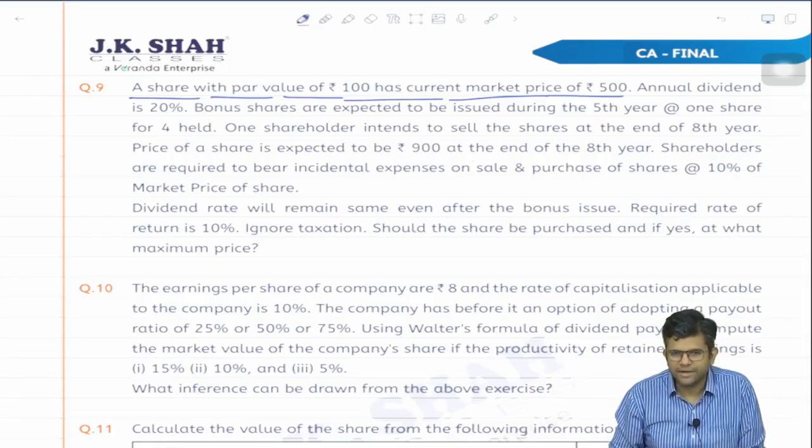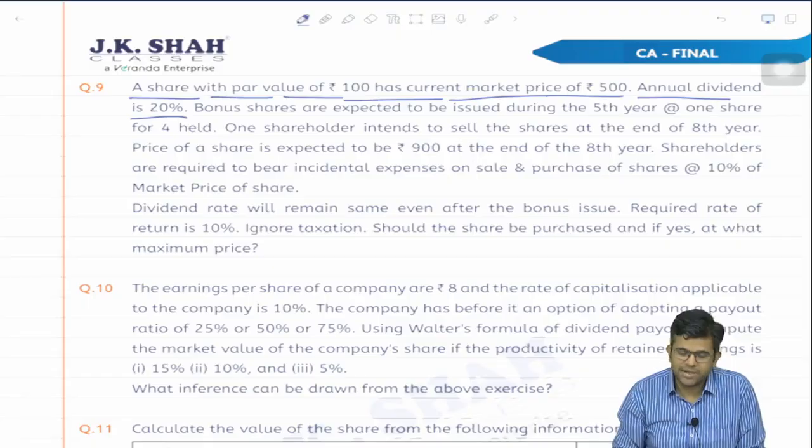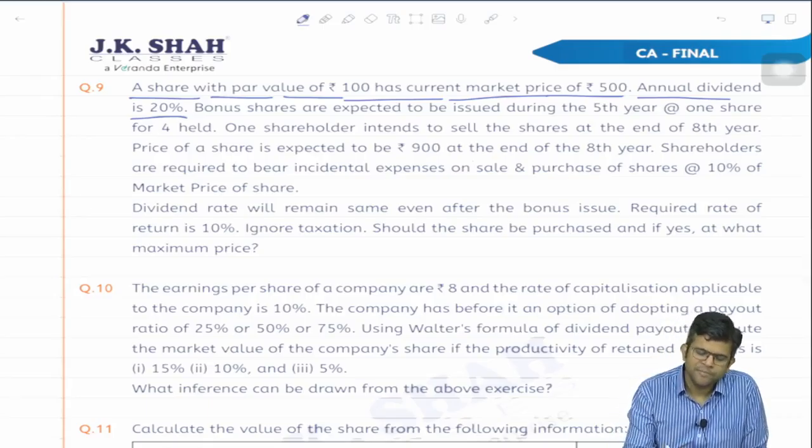Face value is 100 and CMP is 500. Annual dividend is 20%. Now this 20% is of course on the face value of 100, which means 20 rupees will be the dividend every year. If it was dividend yield percent, then that dividend yield is applied on market value. But normal dividend is applied on the face value.